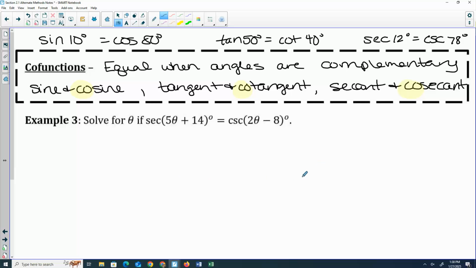So our example, I'm going to solve for theta if secant of 5 theta plus 14 degrees is equal to cosecant of 2 theta minus 8. Okay, secant and cosecant are cofunctions, so if they're equal, what's true about their angles?